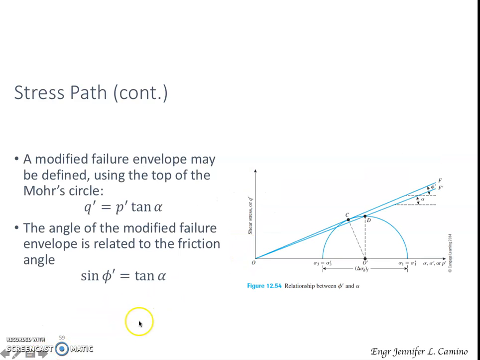So a modified failure envelope may be defined using the top of the Mohr circle. We can have Q prime equal to P prime tangent of alpha, and the angle of the modified failure envelope is related to the angle of friction, where sine of phi prime is equal to tangent of alpha. So this is a figure showing the relationship between the effective angle of friction and our alpha.